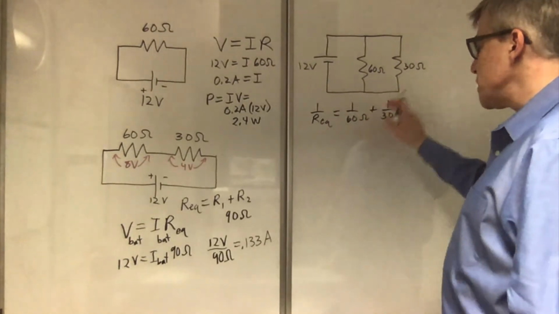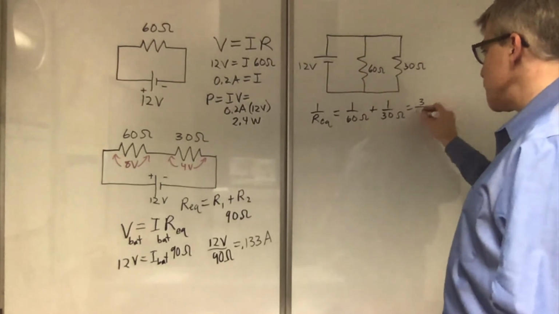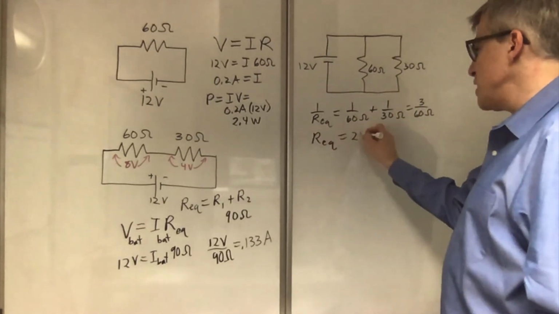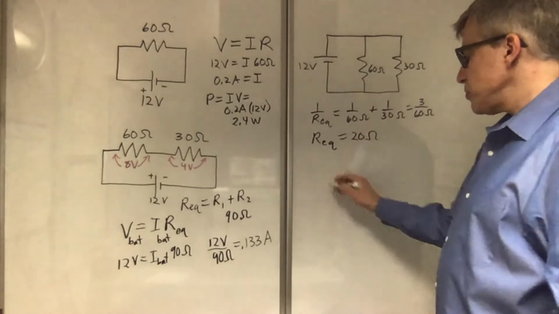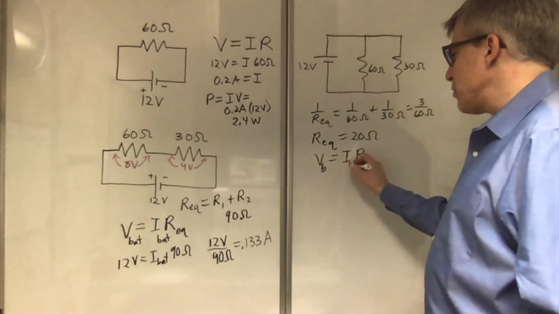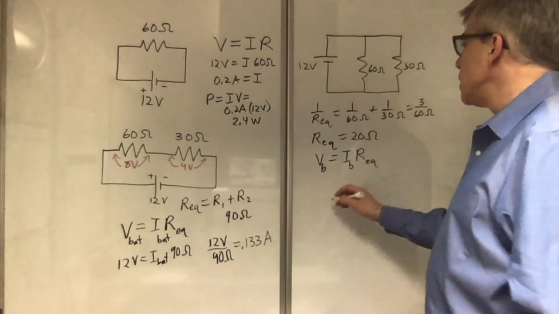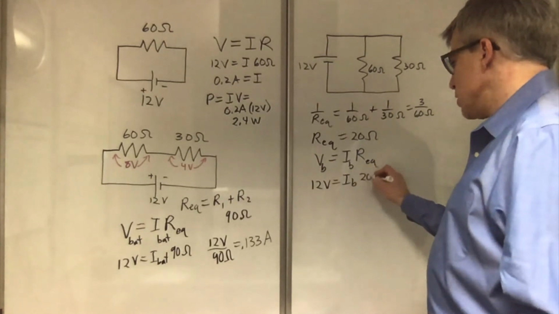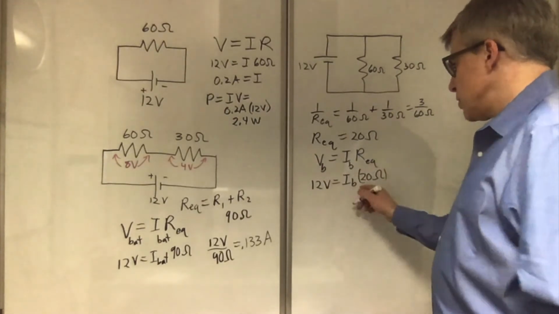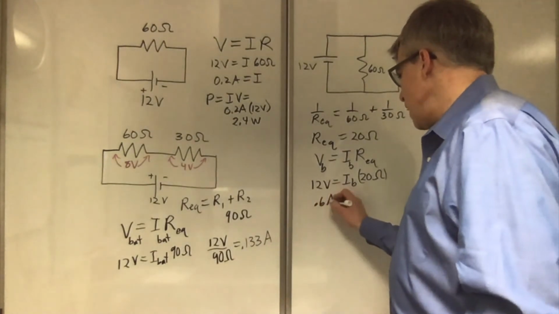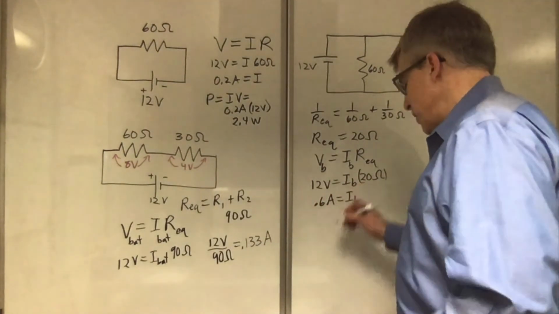So that's 1 over 60 plus 2 over 60 is 3 over 60 ohms, which means that Req is 20 ohms. V equals IR, with the V battery, current battery, Req, tells us that 12 volts equals current through the battery times 20 ohms. So 12 over 20 is 0.6 amps is the current from the battery.